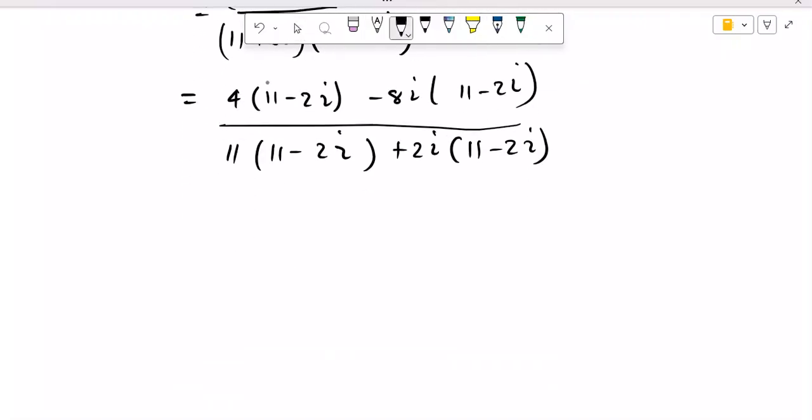Okay, so 4 by 11, 44, minus 4 by 2, which is 8i, minus 8i by 11, 88i, negative by negative, positive, 8i by 2i, 16, i by i, negative 1.